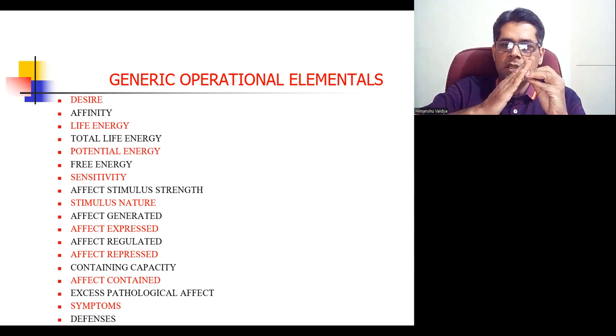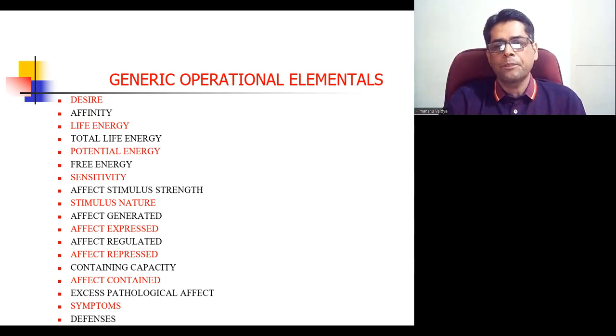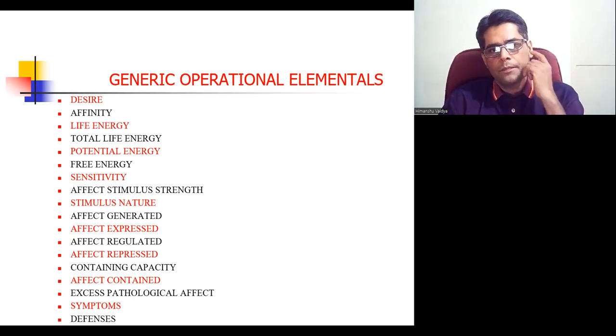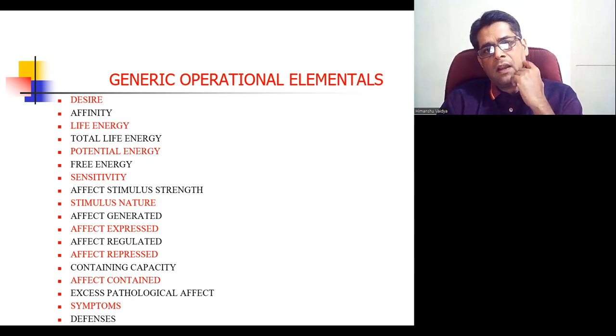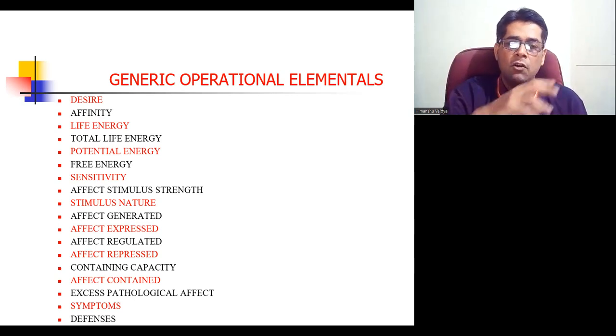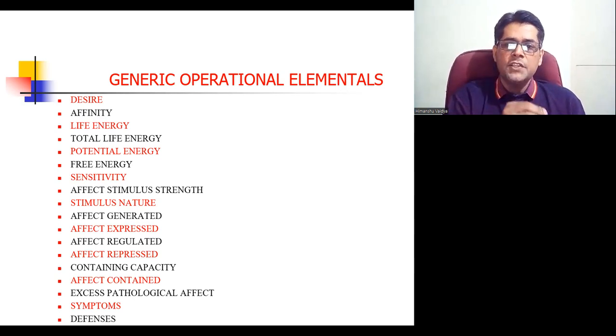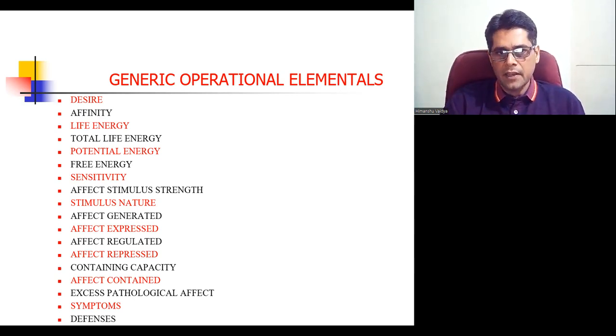So the life energy goes towards the affinity. There is some mechanism through which it happens. What it is, we don't know. But affinity is that entity which gets deposited on the chakra in which some desire is being activated. And the quantum of affinity is based upon the intensity of the desire.